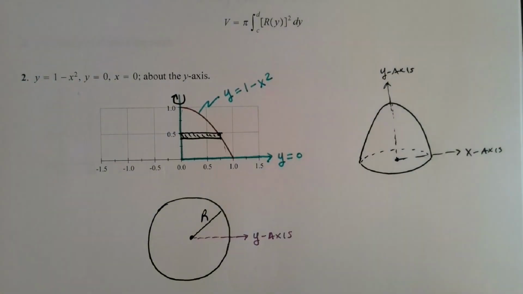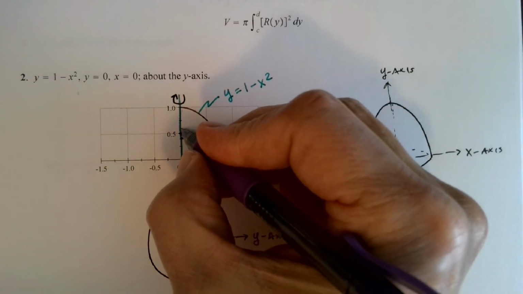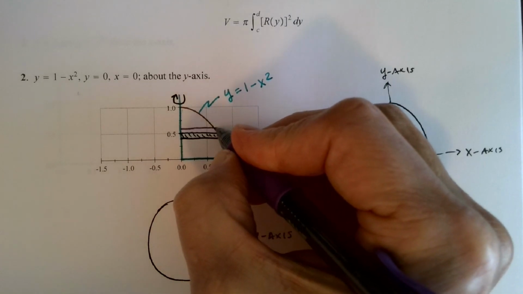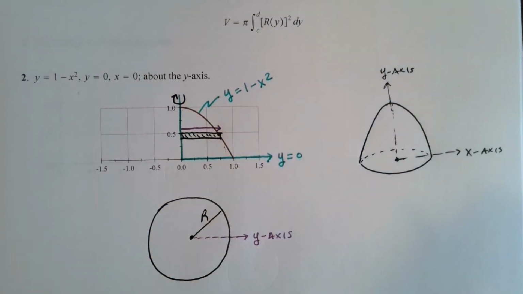And so what's this radius? The radius is from here to the top of that rectangle.